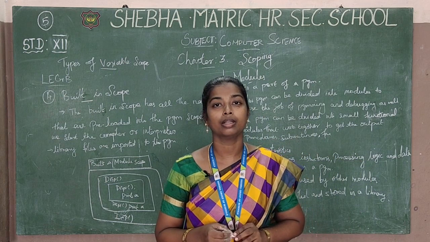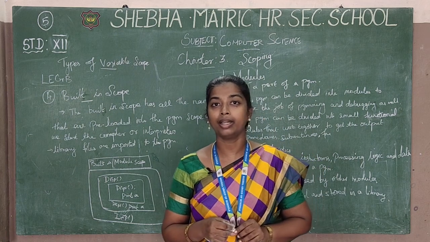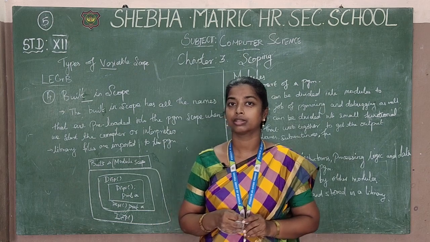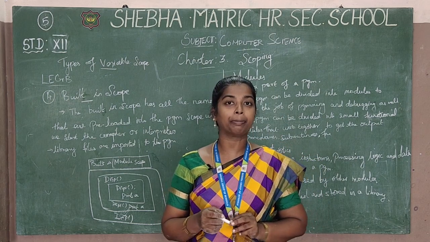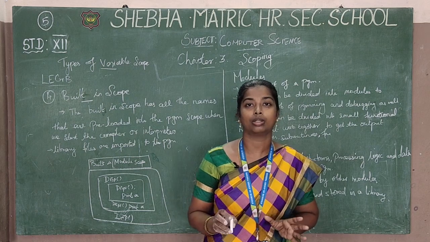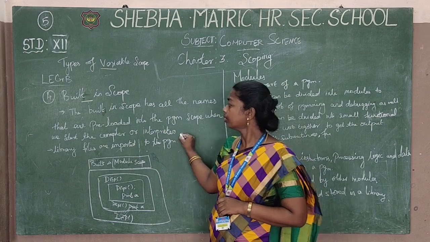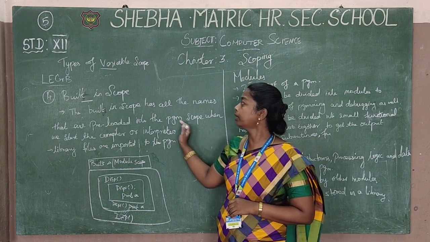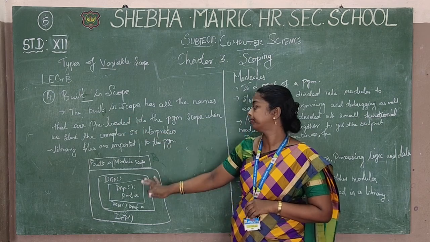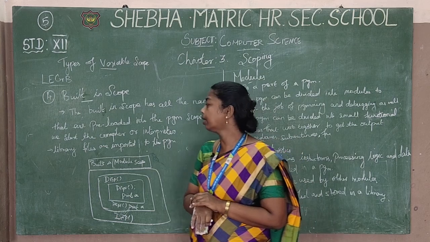It checks the error line by line, or the whole program line by line. A compiler checks the program as a whole. Okay, line by line we can check a program using a compiler or interpreter. So it can be used for the built-in scope. Library files are imported to the program.